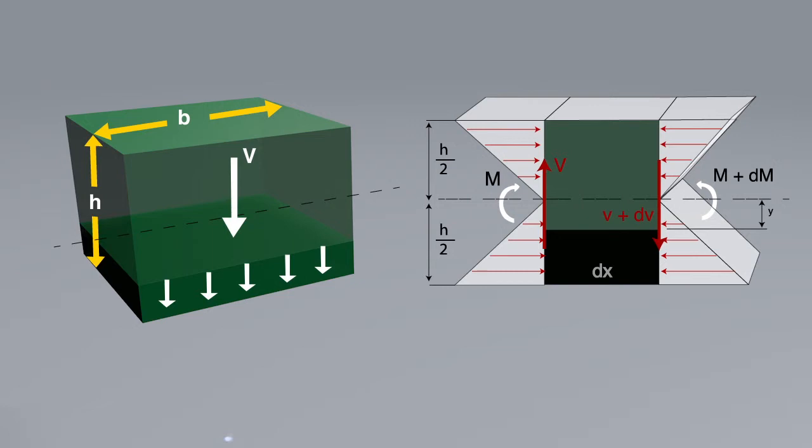The bending moment and shear force acting on the left side will be called M and V, and since the moment and shear force may change along the axis of the beam, the right side will be noted as M plus dM and V plus dV.